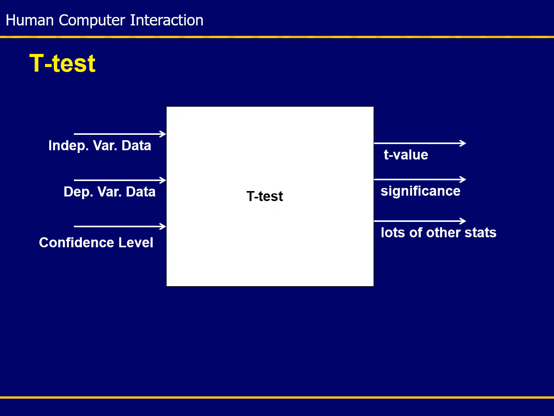So the confidence level is a percentage, and it is the level below which we reject the null hypothesis. If we say the confidence level is 5%, that means if we get the probability of the null hypothesis below 5%, we're going to reject the null hypothesis and put forward our hypothesis. Now, why does the t-test take the confidence level as input?